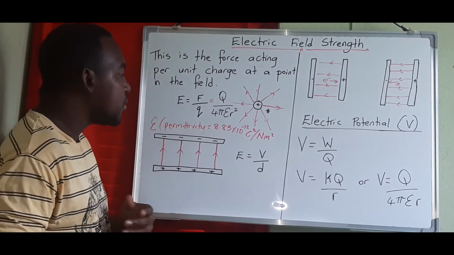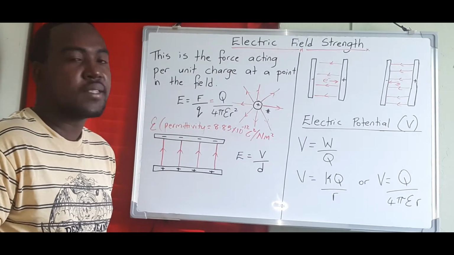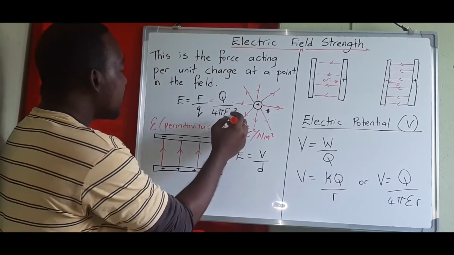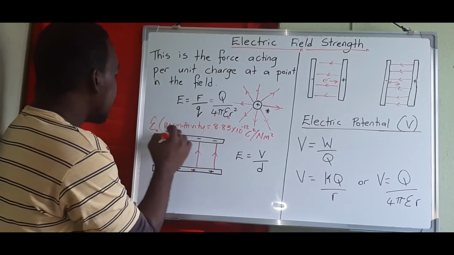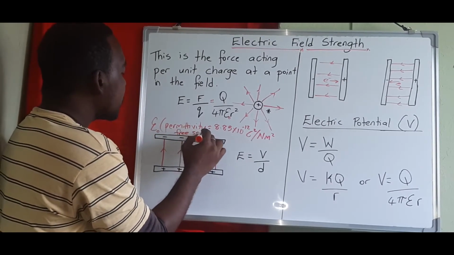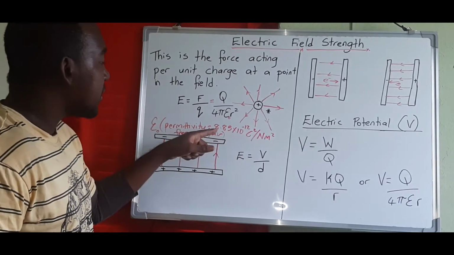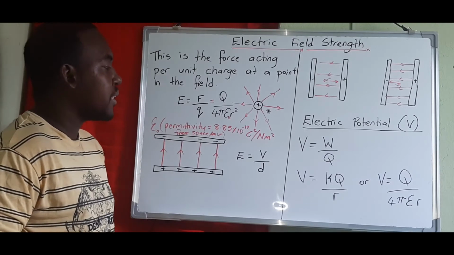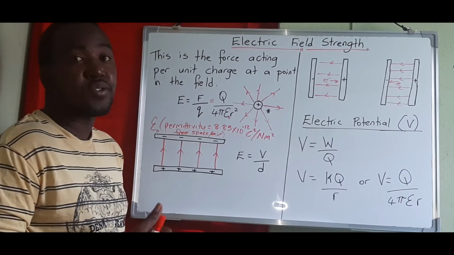We normally use the permittivity of air or free space, which some books have, and you'll see it noted as epsilon naught. So the permittivity of free space, which is basically just air, is 8.85 times 10 to the negative 12 coulomb seconds per newton meter squared.